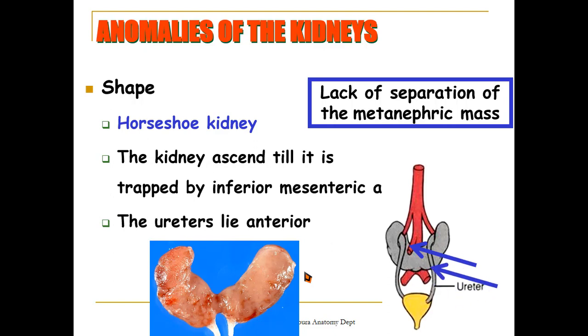Both kidneys try to ascend till they are trapped by the inferior mesenteric artery, which arises from the ventral aspect of the aorta. It is also associated with ureters which lie anterior to the kidney, not posterior as in the usual position.